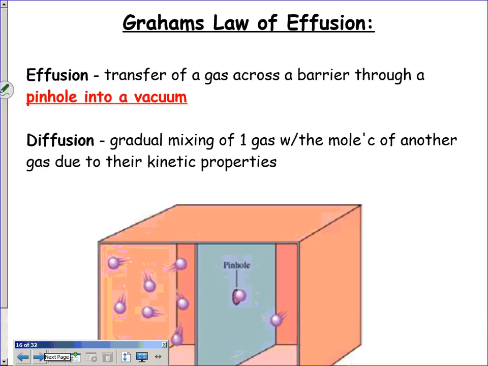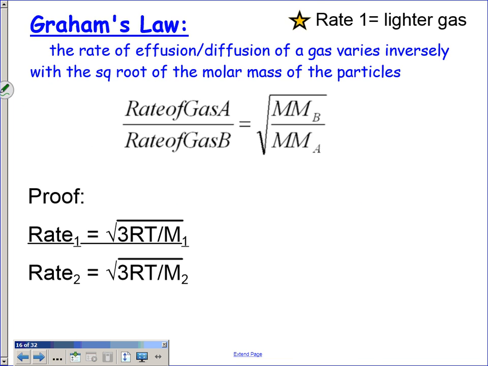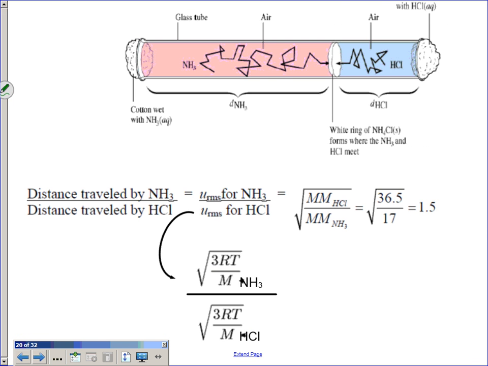So we talked about Graham's law a teeny bit yesterday with the FRQ we reviewed, and that was when we were talking about the ammonia in one end of a big glass tube. I'll show you the picture of that actually first. Right here. So this is the glass tube. I thought we could maybe do that lab in parallel with our other lab from yesterday, but we didn't. So this is one end of the tube, this is the other end of the tube. You soak cotton balls, you stick them in the ends.